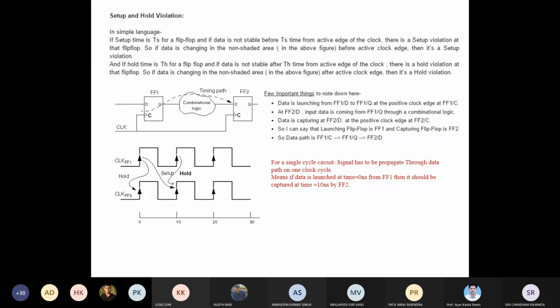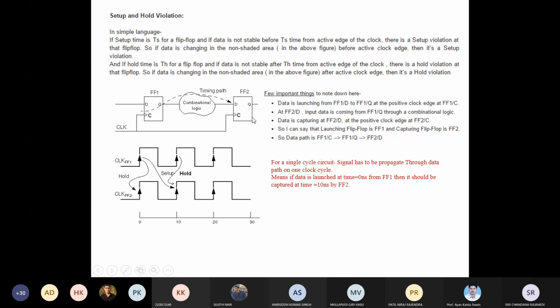So here there are two things to remember. The first thing is that data is launching from flip-flop 1, from flip-flop 1 D to flip-flop 1 Q, at the positive edge of the flip-flop 1 clock.